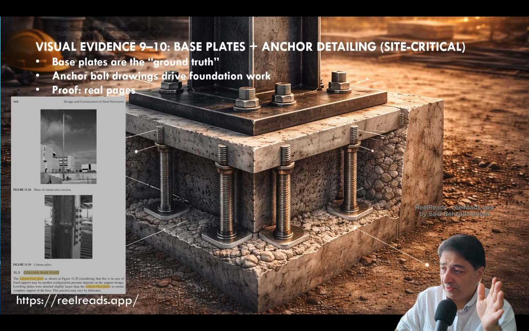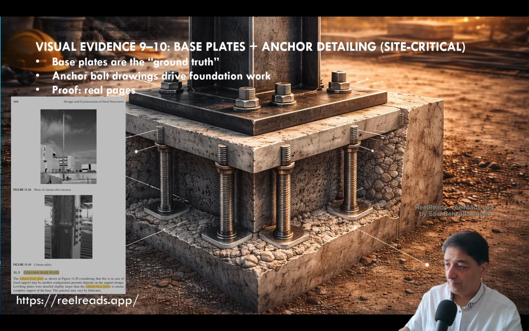That benefits users who need to coordinate with civil works, foundations, and erection sequencing. It helps show that steel design does not end at the column. It must connect correctly to the ground. For practical engineers, this kind of detail can prevent costly mistakes before steel even arrives on site.